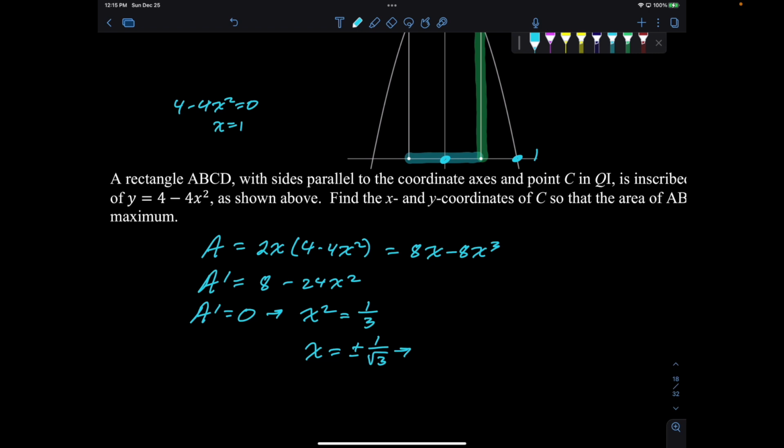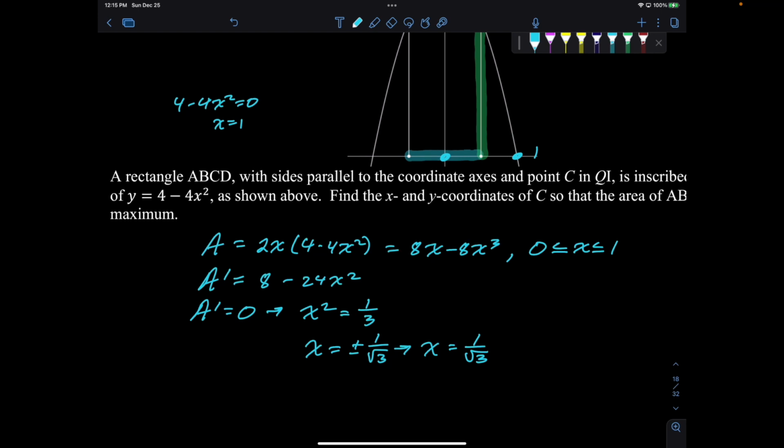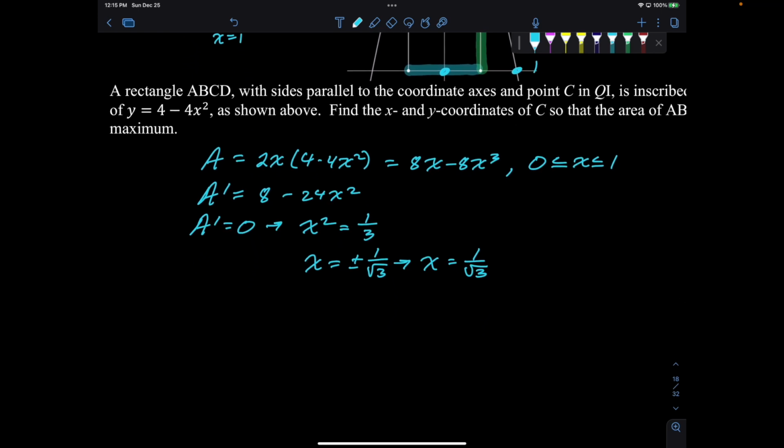But because we are restricting ourselves to 0 to 1, we'll say x is 1 over root 3. There's only one critical point on the interval from 0 to 1, so we can do the only critical point theorem, or we can do the candidates test.